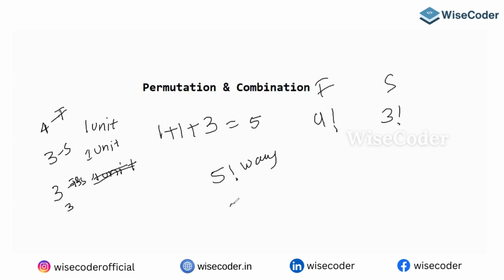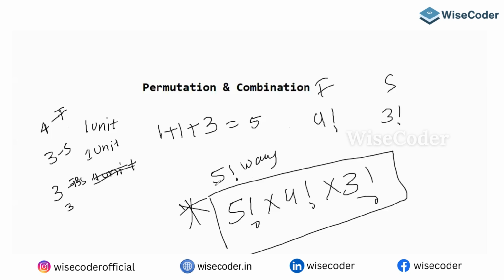So the total number of arrangements will be 5 factorial into 4 factorial into 3 factorial. So the 4 French speaking persons can be arranged among themselves in 4 factorial ways.